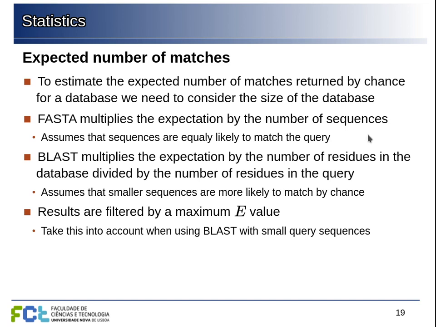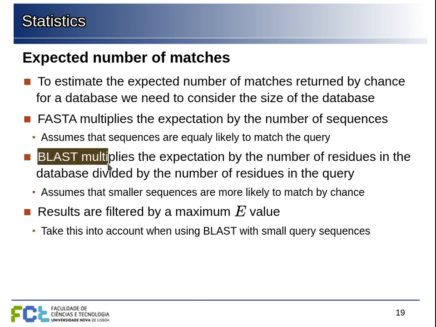Assuming that we have an equal likelihood a priori of matching our sequence to any of the sequences in the database, the larger the database, the larger the number of matches we expect to find by chance with sequences that are not really related to ours, but just happen to have this score. So in FASTA, we are multiplying this value by the number of sequences, assuming that the probability is the same for matching all sequences.